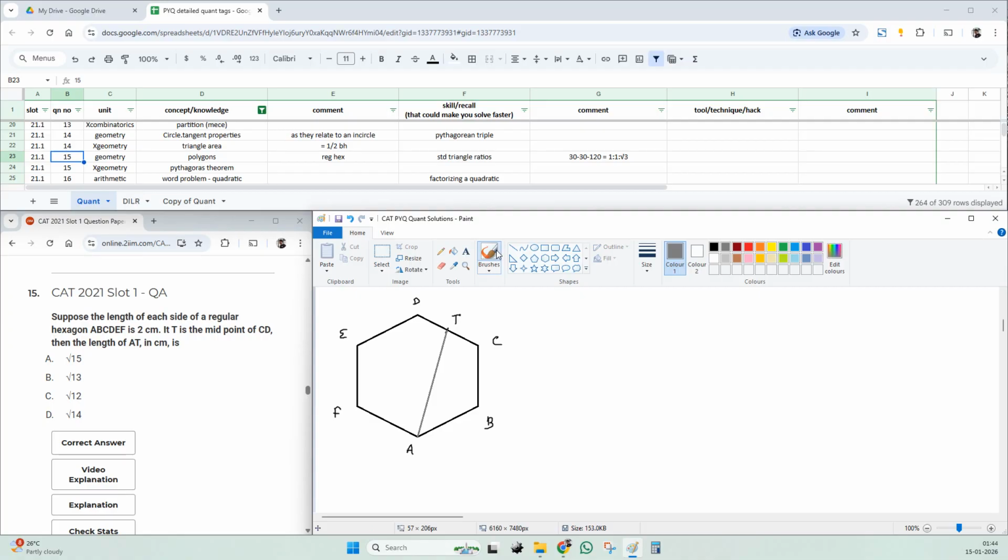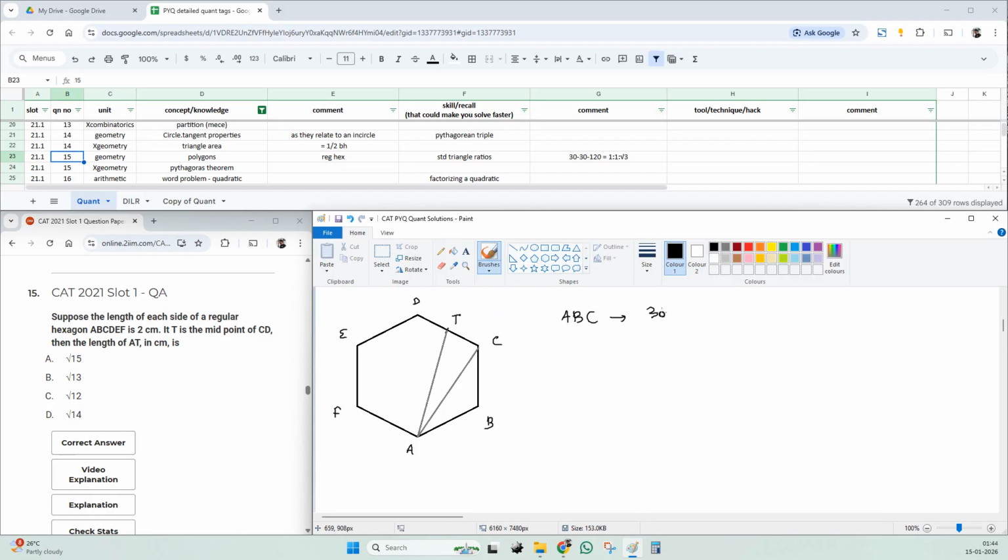Pretty conceptual question, not much in terms of optimization. We know that each angle of this regular hexagon is 120 degrees. So what I want here is a construction AC. What does it give us? We get a triangle ABC, which we should be familiar with.